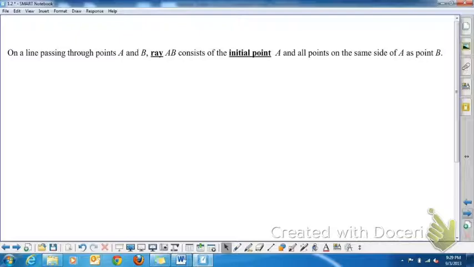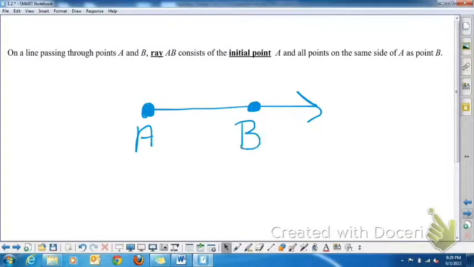A ray is a part of a line that consists of one endpoint and goes infinitely in another direction through another point. So this one I could call ray AB, and you name it with just a tiny little ray above it, AB. A is the end point, so A is here at this point.